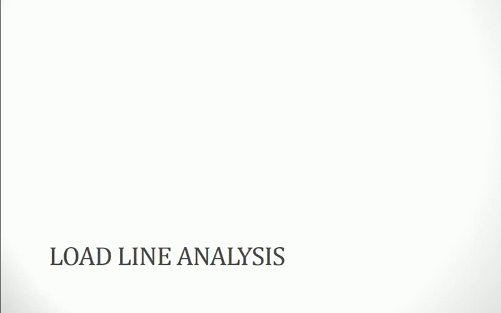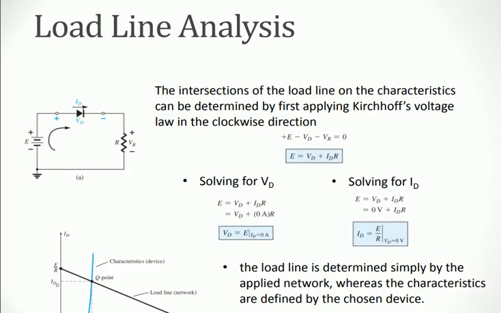So what is the load line analysis? In order to understand it, first we will discuss the circuit given in this slide. Here we have a resistor R, an ideal diode, and a DC battery.